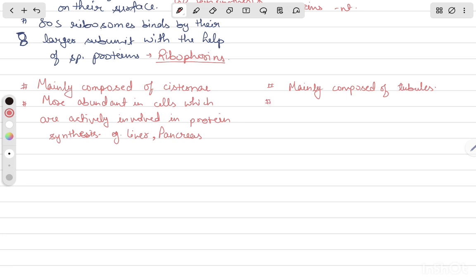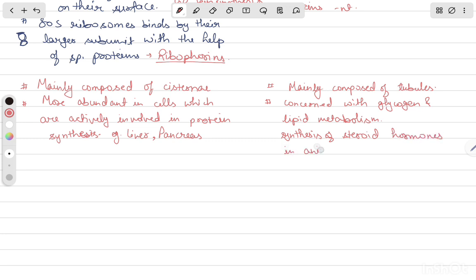The function of smooth endoplasmic reticulum is that it is concerned with glycogen and lipid metabolism. Lipid metabolism, or we can say synthesis of steroid hormones in animal cells, is also a function of smooth endoplasmic reticulum.